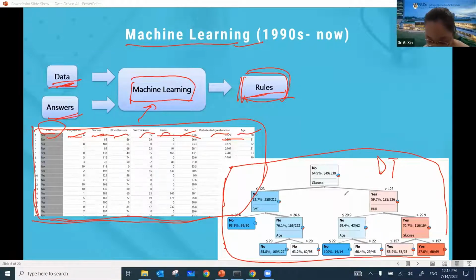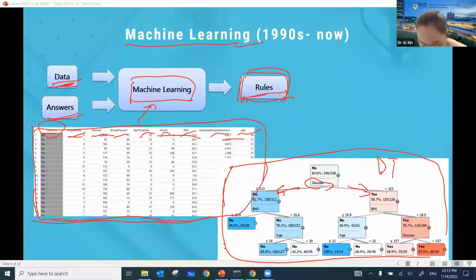So you will learn a decision tree model, and this model will help you to diagnose whether the patient has diabetes or not. If you quickly look at this decision tree model, first it checks the patient's glucose. If it is smaller than 123, it goes to this branch, otherwise it goes to another branch.